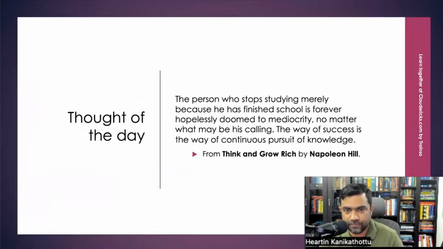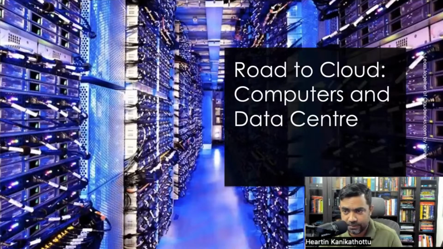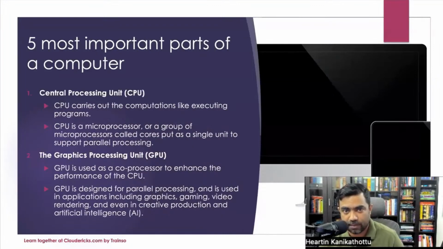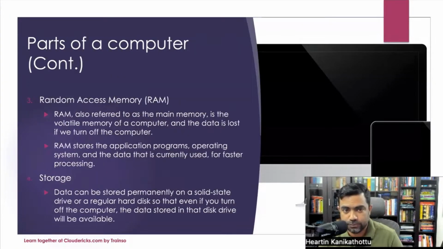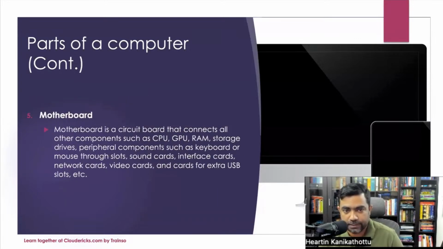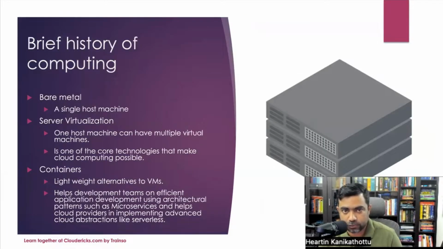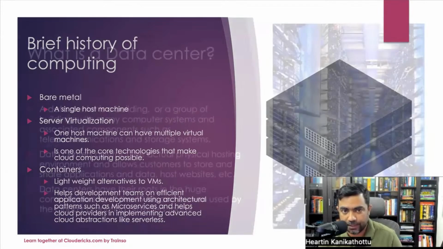We discussed computers and data centers, what a computer is, the most important parts of a computer, such as CPU, GPU, RAM, storage, motherboard, etc. And we briefly went through the history of computing from bare metal machines, server virtualization, containers.